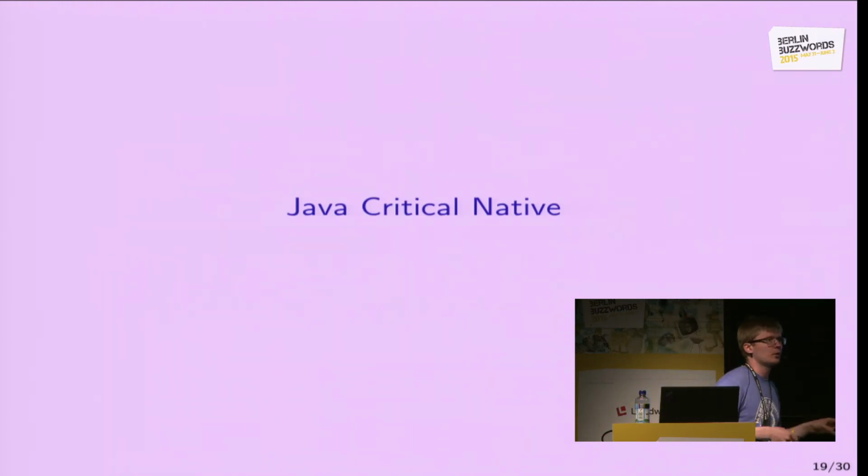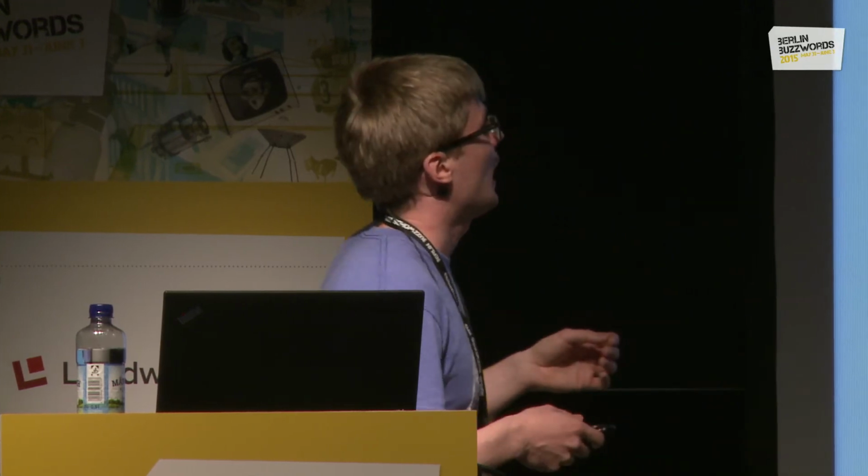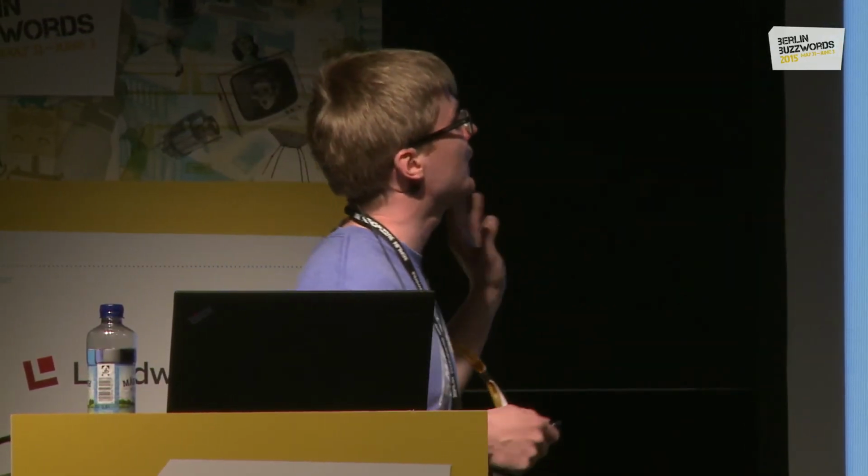For internal purposes, the compiler team and the JVM team use a private interface. It is almost private, but we can use it. It is present in Java 7, Java 8, Java 9, and maybe in Java 10 it will be too. Java Critical Native.